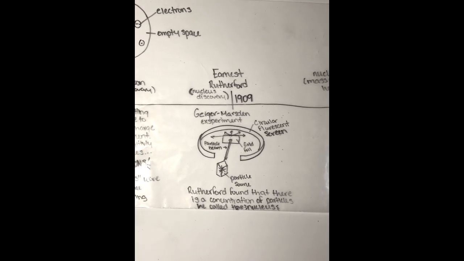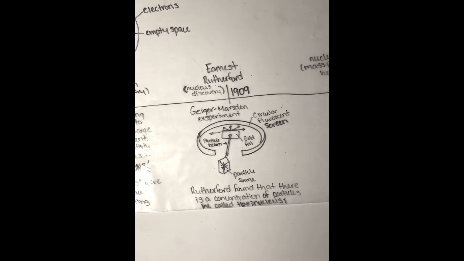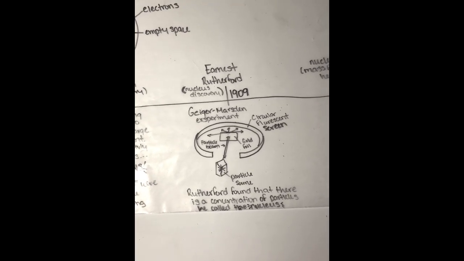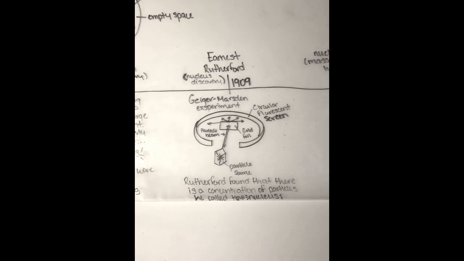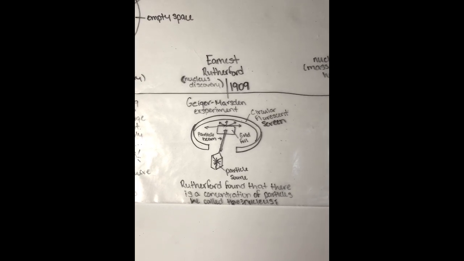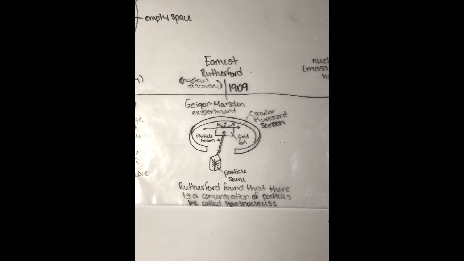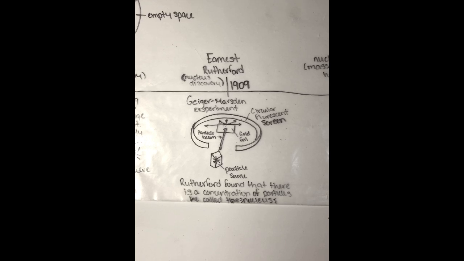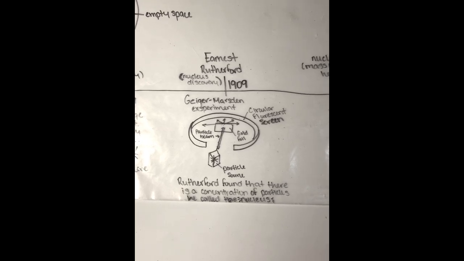Ernest Rutherford's nucleus discovery in 1909 came with his Geiger-Marsden experiment, which saw him put a circular fluorescent screen around a gold foil and shoot a particle source at the gold foil. And he saw that the beams of light were reflected back to the particle source in different directions and straight through the gold. And he realized that there has to be a group of particles that cause this deflection of light, and he named this the nucleus.